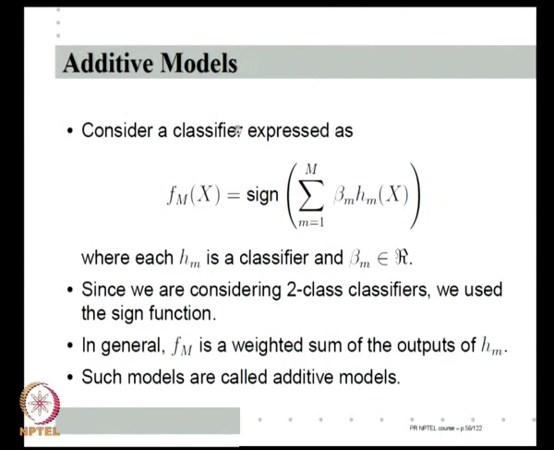An additive model is simply the addition of many other simple models. If each h_m is some regression function or classifier, then the summation m equal to 1 to M of beta_m h_m is an additive model. So, the class of additive models is simply obtained as weighted sums of ordinary base classifiers or ordinary functions.